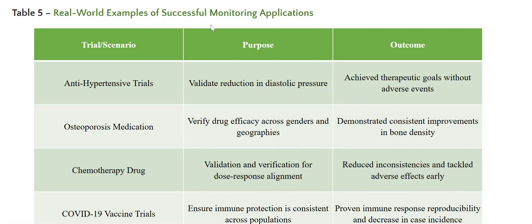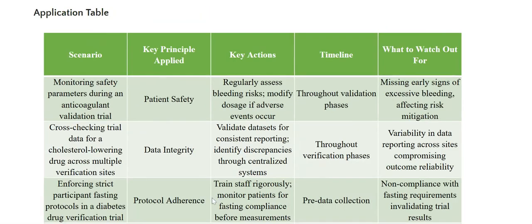Table on real-world examples of successful monitoring applications: trial, scenario, purpose, outcome. Trials or scenarios: we have antihypertensive trials, osteoporosis medication, chemotherapy drug, COVID-19 vaccine trials, and painkiller adolescent study. Application table: scenario, for each scenario, key principle applied, key actions, timeline, what to watch out for.